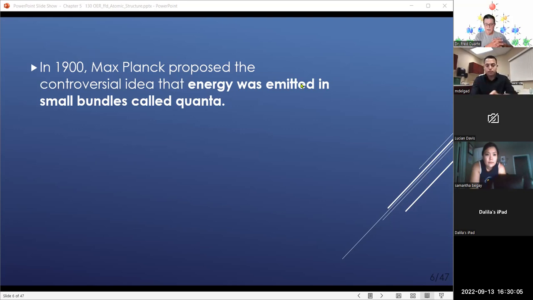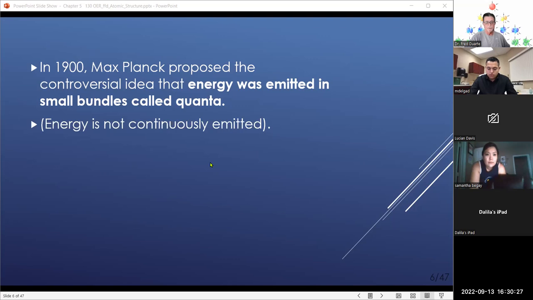He believed that energy was emitted in small bundles, which he called quanta. And so energy wasn't a continuous phenomenon, but the energy was in packets of a specific amount of energy. Okay. Max Planck, famous scientist, there is a Max Planck Institute in Europe named after him.